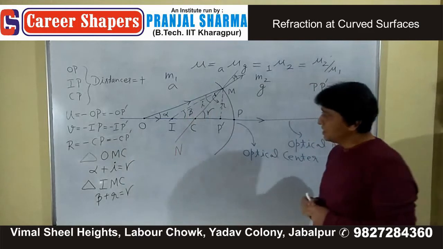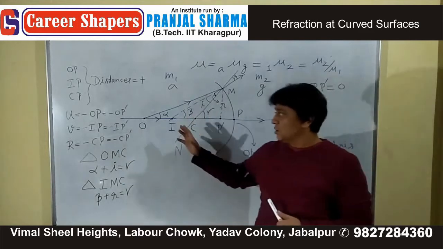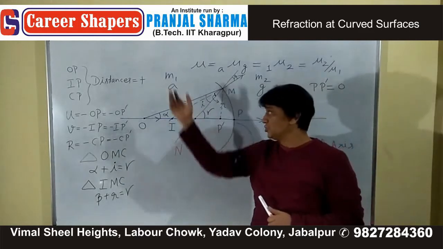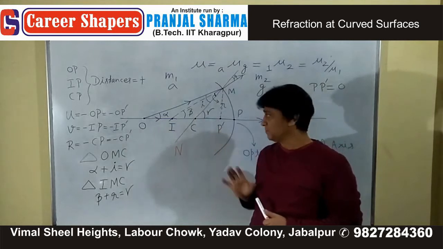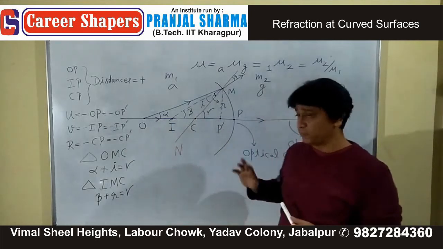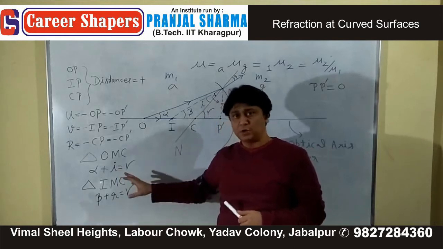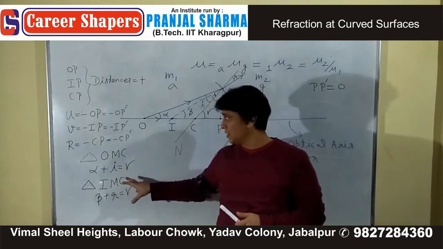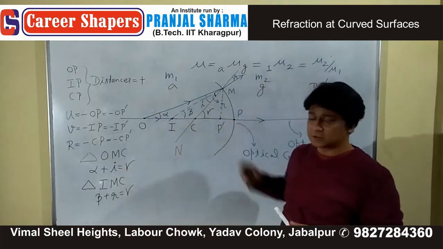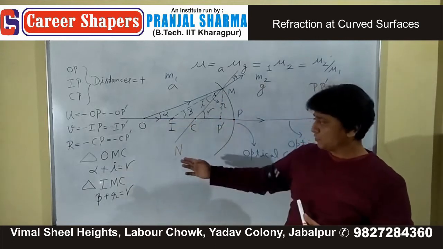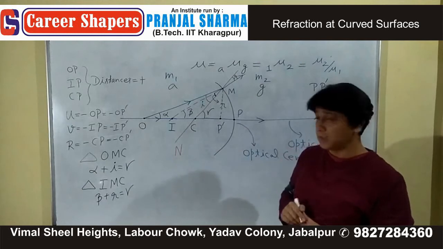Now, we need a relationship between these distances. That means we are not interested in I and R. We need to get rid of I and R. We just need these base angles. And if you need to remove this I and R, then what will you do?